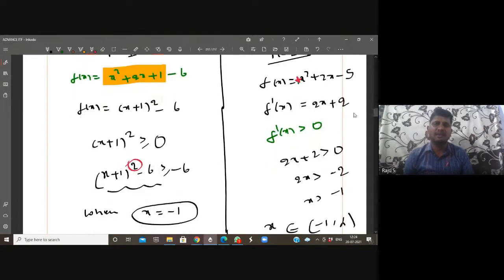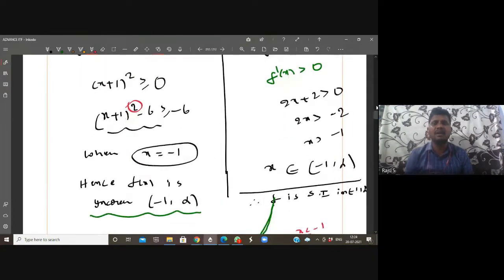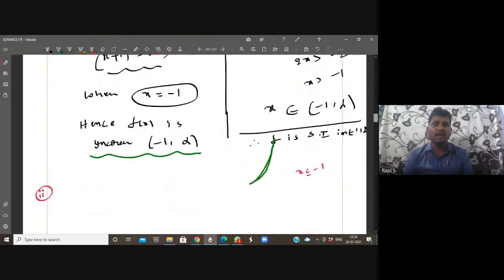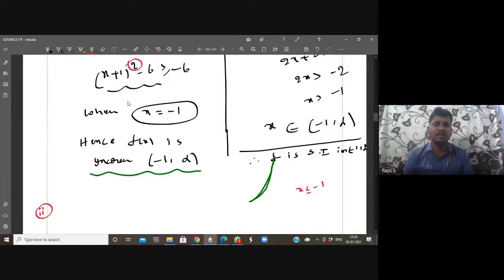It is an increasing function, because even if you see here, this can be written as x plus 1 the whole square, which is greater than or equal to 0, and x plus 1 the whole square minus 6 is greater than or equal to -6. This is clearly f of x, so f of x is greater than or equal to -6, the range.